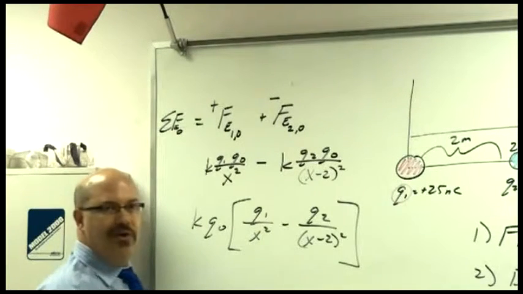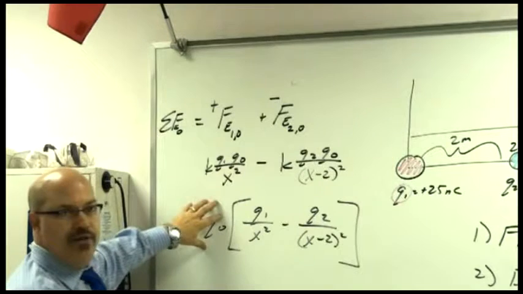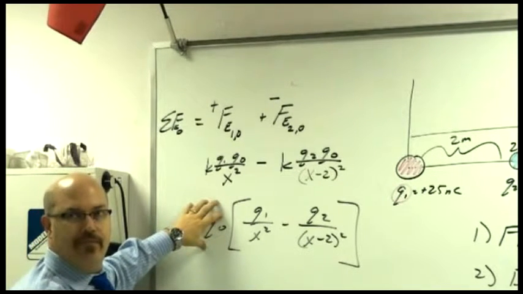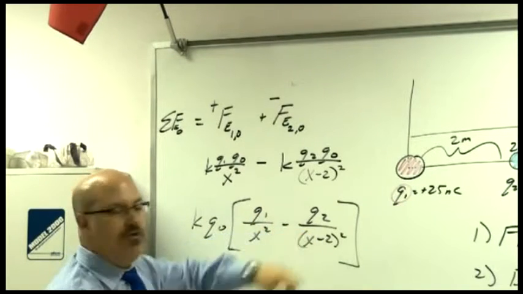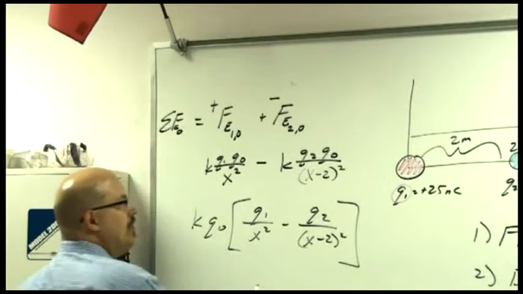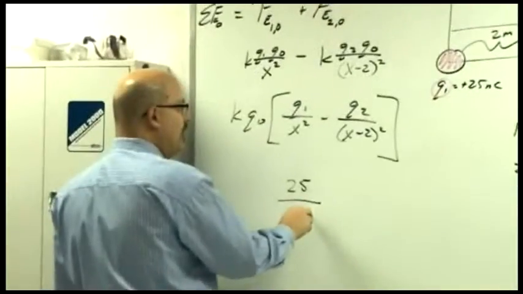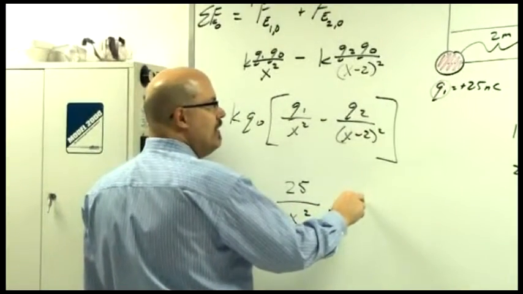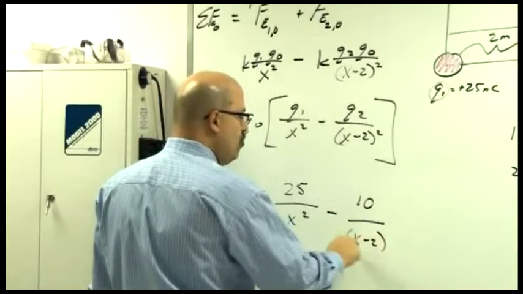All right, if you just want to see what the function is going to look like, all this out front is a constant, right? You'd still have x squared here and x minus 2 squared. And for Q1 and Q2, you could just put 25 over x squared, minus 10 over x minus 2 squared.